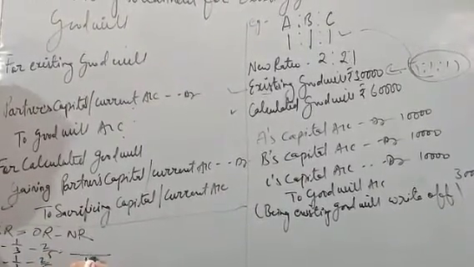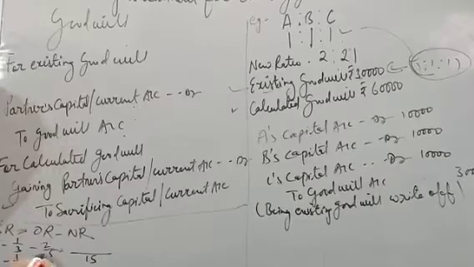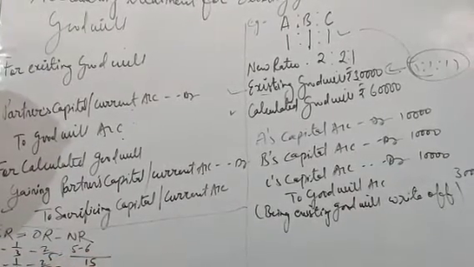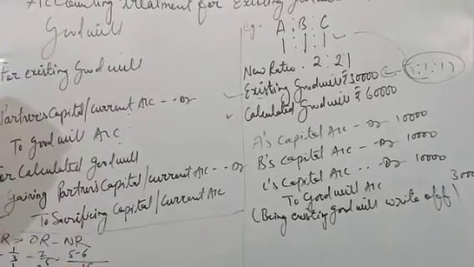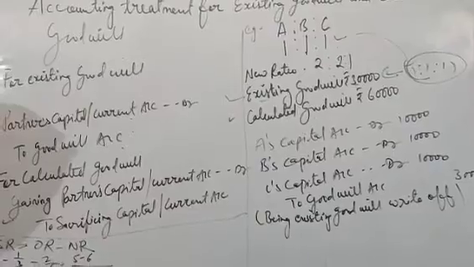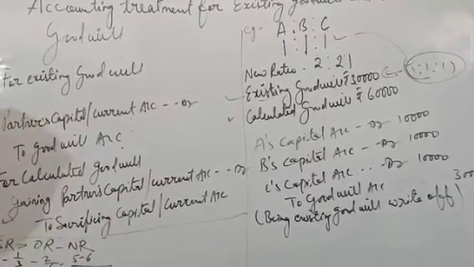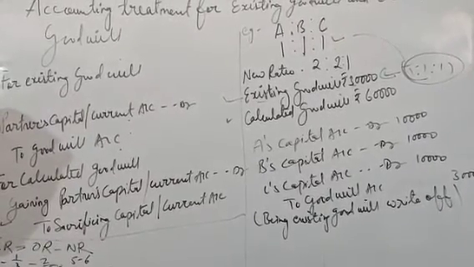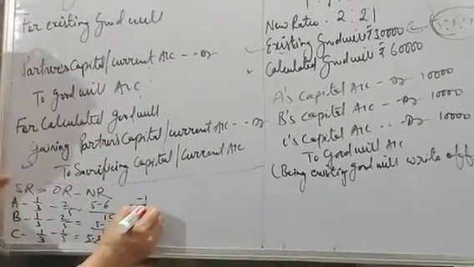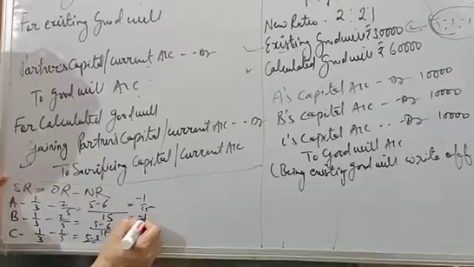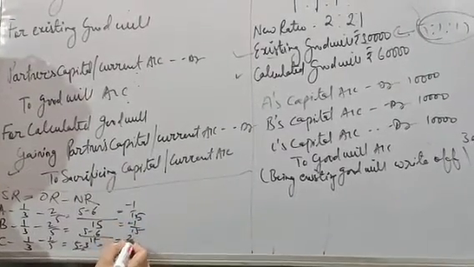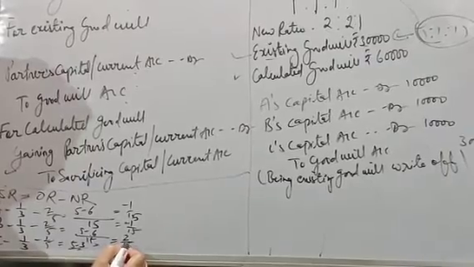Here we have to take LCM 15, 3 into 5 is 15, 5 minus 6, here also 15, and 5 minus 6. Here that is 1/3 and 1/5, so 5 minus 3 upon 15. So this is equal to minus 1 upon 15. That is also minus 1 by 15. And last one is 2 by 15.